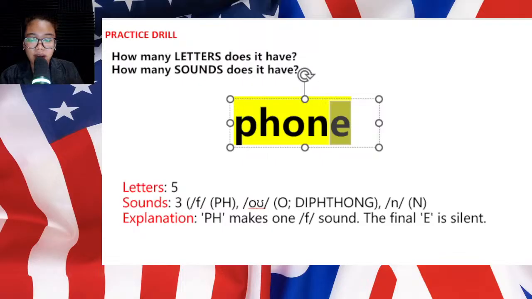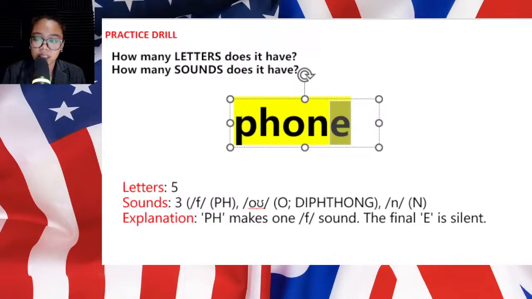It means that the final E letter is silent. Again, the final E letter is silent. So this is another excellent example of a silent letter, where a letter is written but not pronounced. It is part of the spelling but it's not part of the speaking.